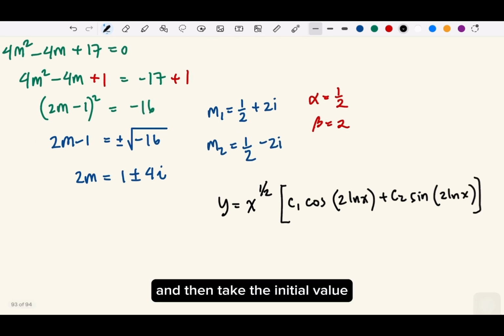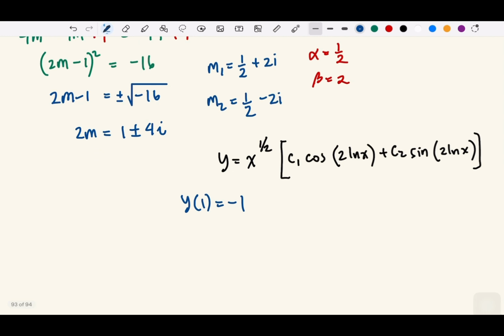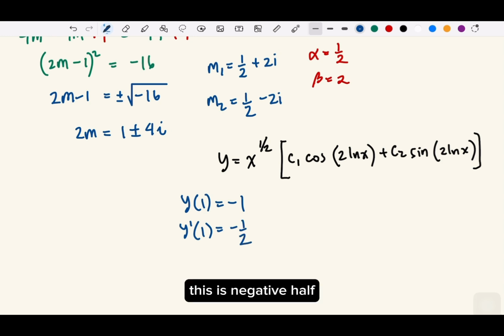And then take the initial value, this is negative half.